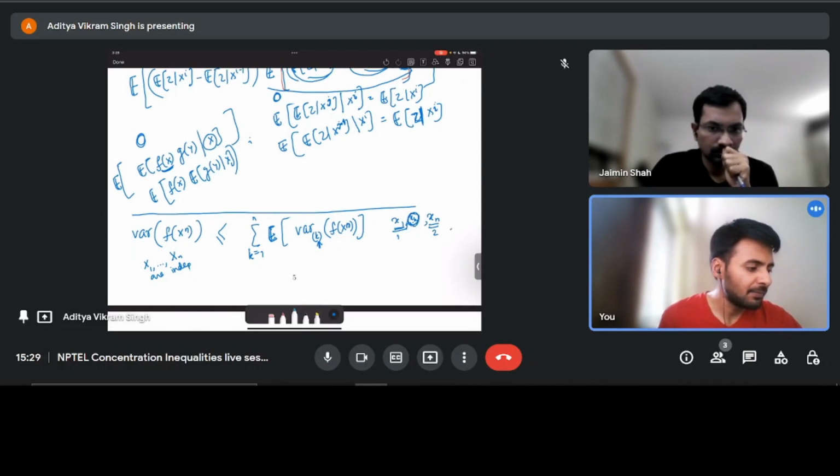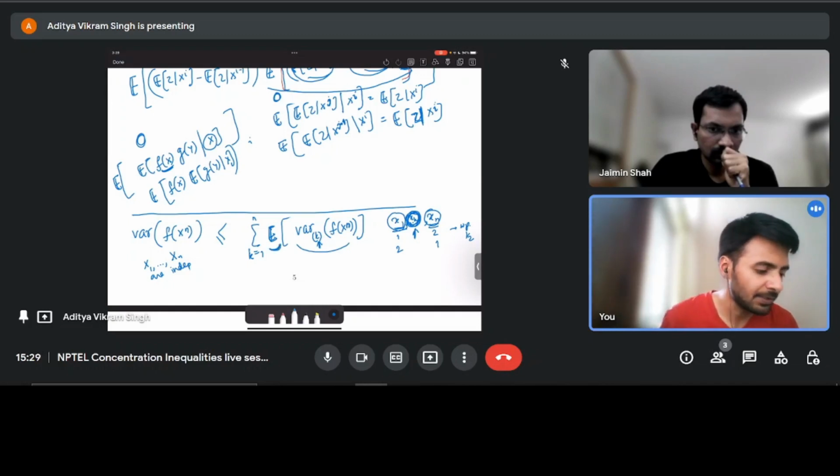Suppose this happens with probability half, and with the other probability half, this is 2 and this is 1. Again, you're leaving xk as a variable. So take all the possible combinations, fix everything else, leave this as a variable, and that would be the variance. And since you're taking all possible combinations, take the expectation.